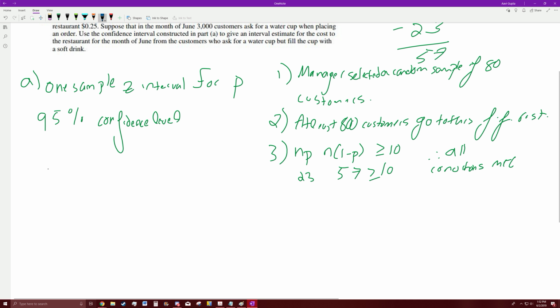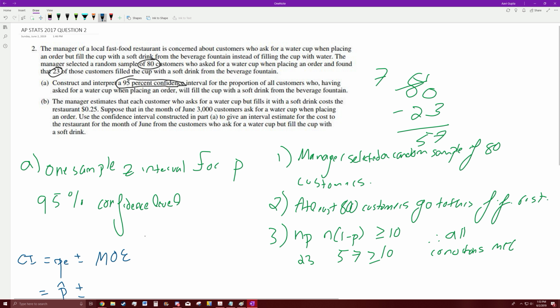So the first thing you want to do is give the formula: CI is equal to point estimate plus minus margin of error. The point estimate is going to be your p hat, because we know the proportion. We know the proportion is 23 out of 80.